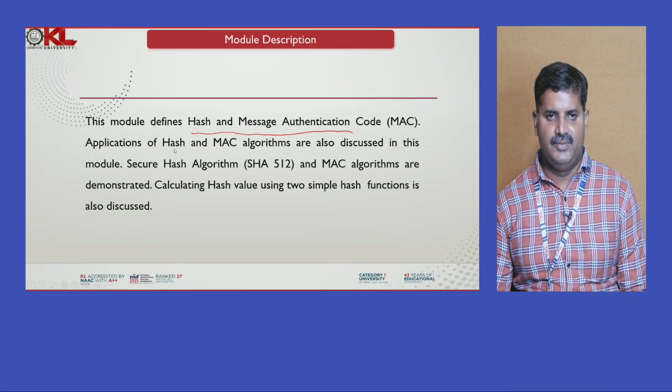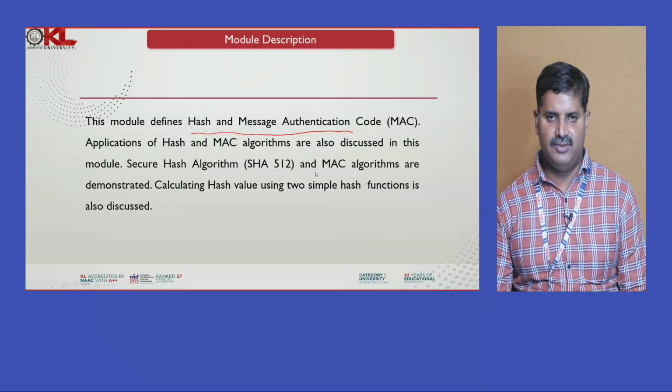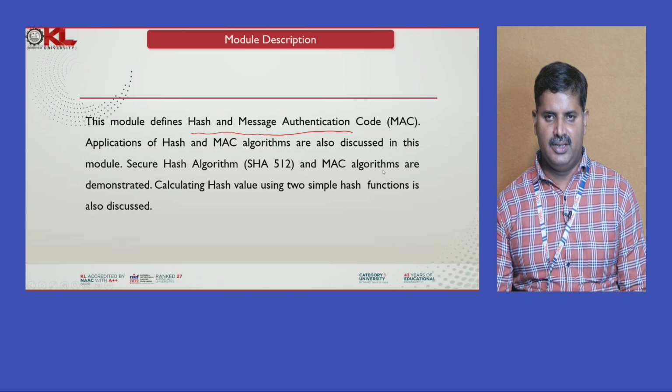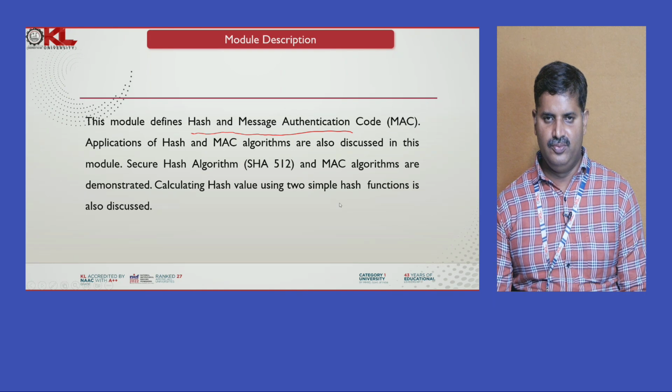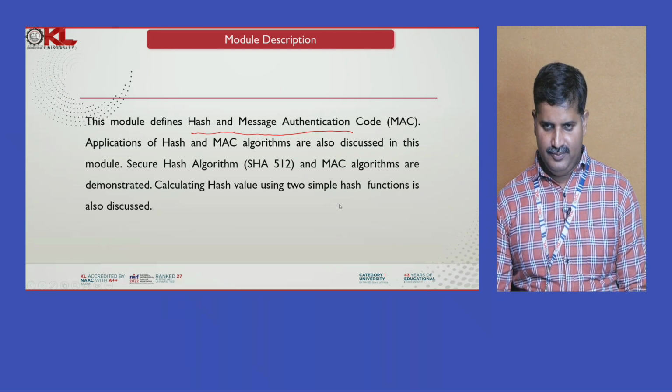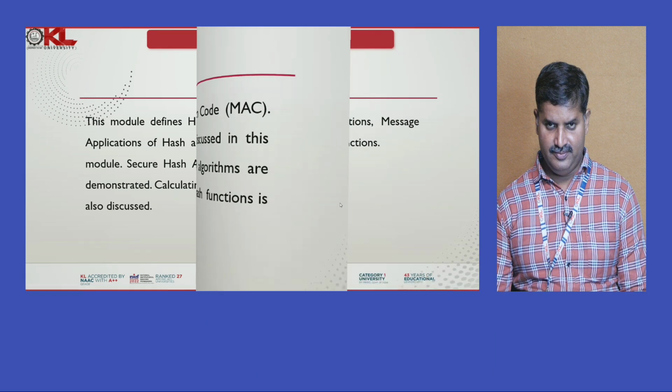Here different applications are used. In this regard, hash and message authentication codes play a major role to implement this integrity. So in this regard, the secure hash function with key length 512 and MAC algorithms are demonstrated. And also we discuss the hash value and how to calculate the hash value using two simple hash functions.